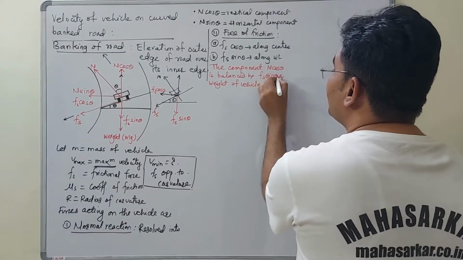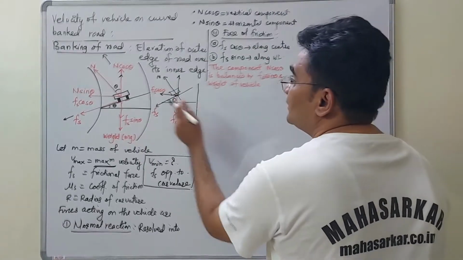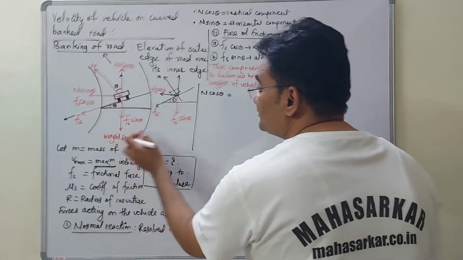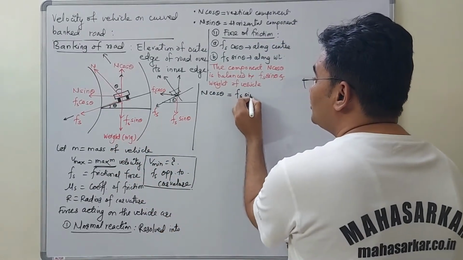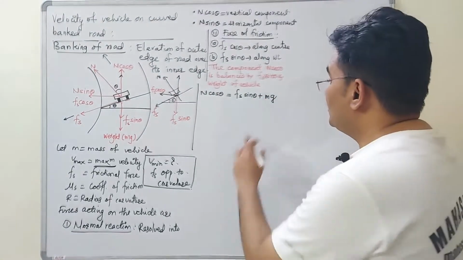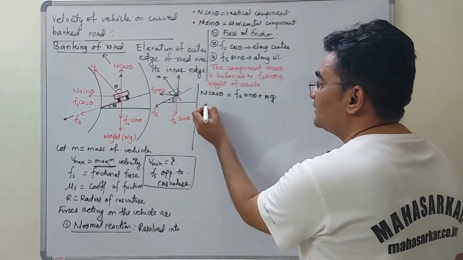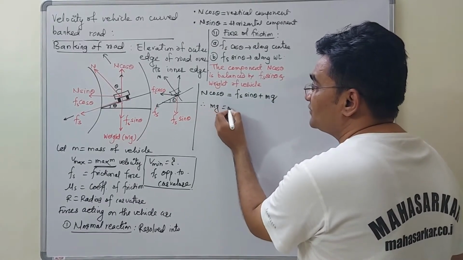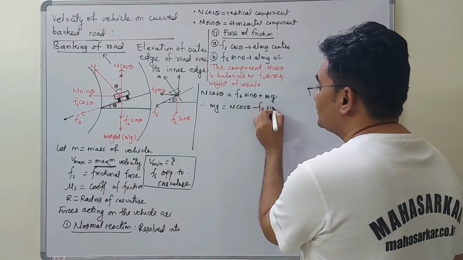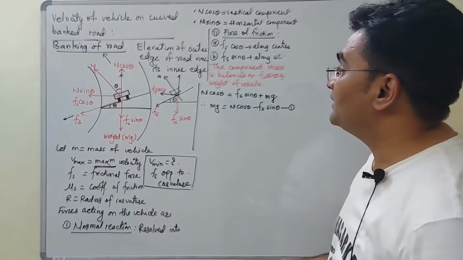If I write this in mathematical form, N cos theta is equal to the sum of these two components, Fs into sin theta plus weight, which is nothing but mg. Just adjusting the terms, this plus will be shifted here and mg will stay. Therefore we can write mg is equal to N cos theta minus Fs sin theta. This is the first equation we required.